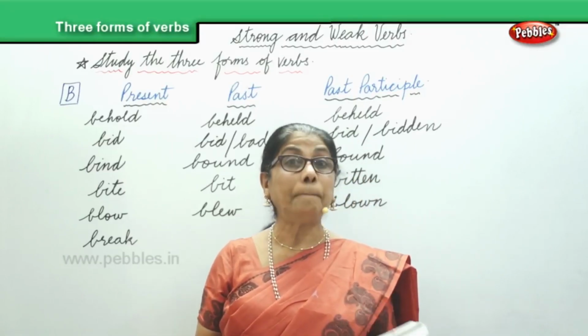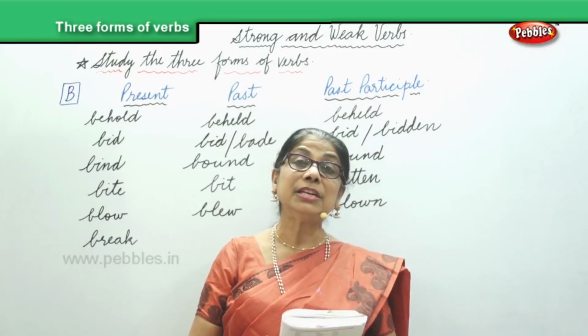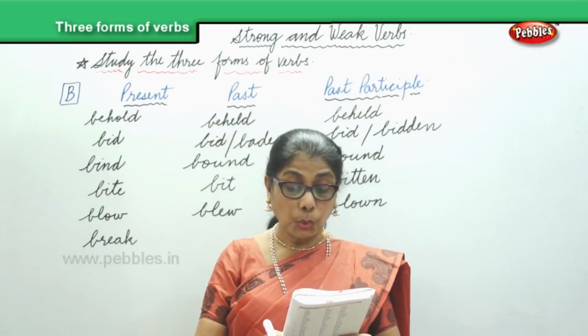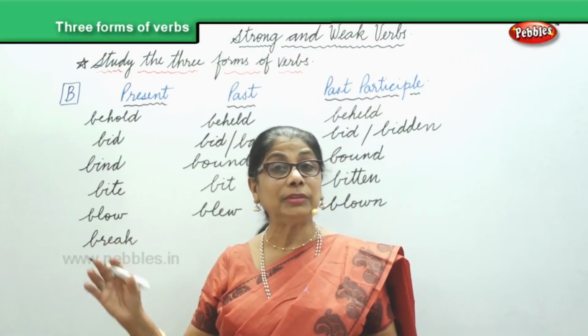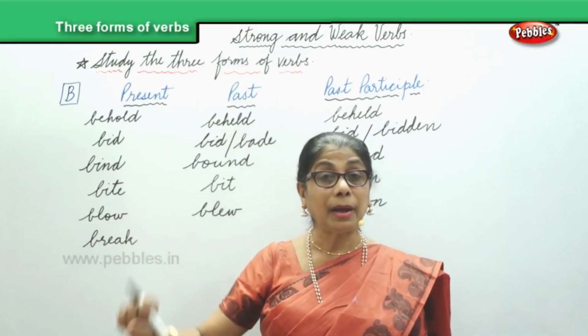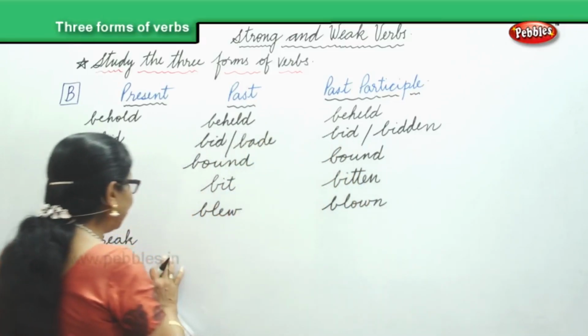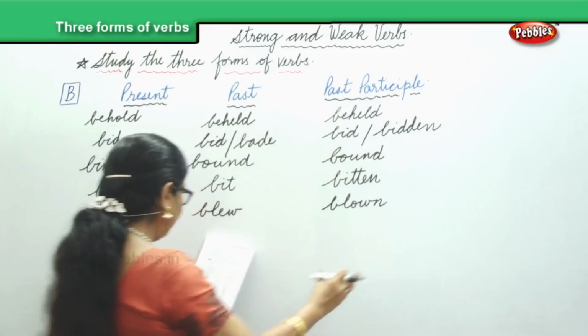Break. Broke. You can say the cup is broken. Or the branch is broken. And when it is over, you'll say broken. The cup was broken. A branch was broken. So break, broke, and broken.